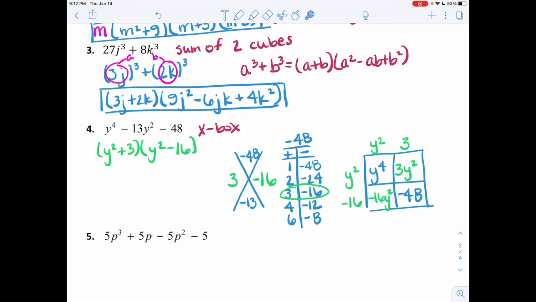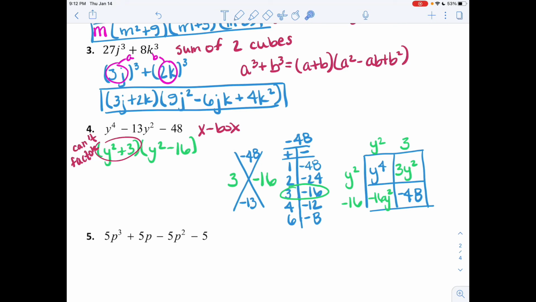Now I want to look at each of these factors individually. Y squared plus 3. I know that if it's 2 terms, I'm looking for perfect squares or perfect cubes, no matter what. 3 isn't either of those because it's prime. So I know that there's not going to be a way to factor this particular factor any further. So I'm going to say that we can't factor that one.